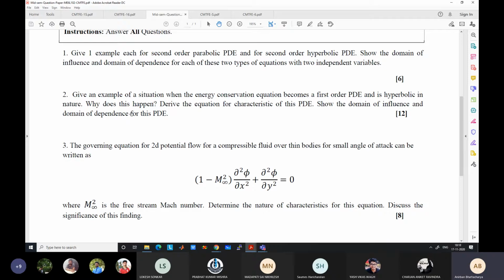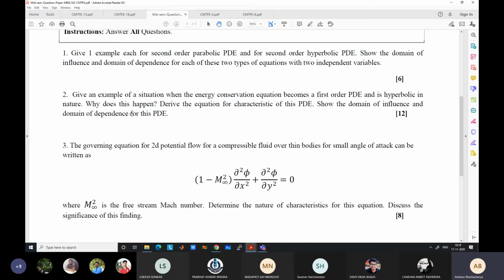In a steady state case, and in an unsteady case also, it is elliptic in the spatial direction. Because it's a two-way phenomenon and unlimited, if there is diffusion, any point in the domain can influence any other point in the space coordinate.